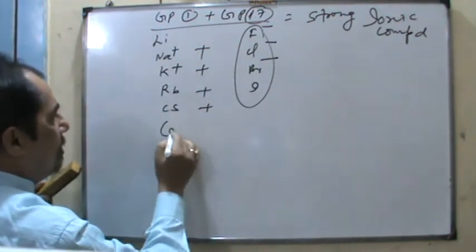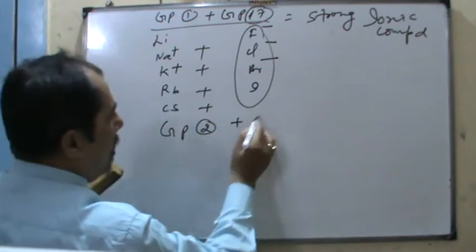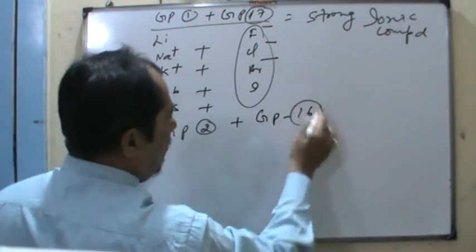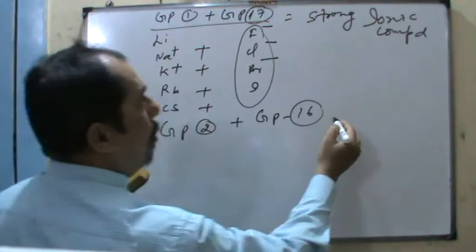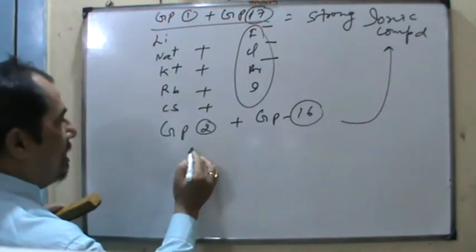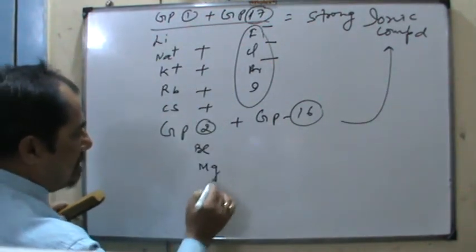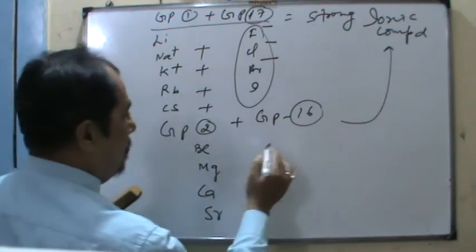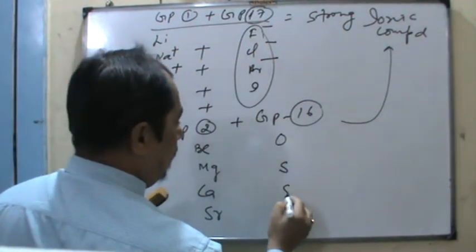On the other hand, take group 2 and group 16. Again, they have a very good association to form ionic compounds, like beryllium, magnesium, calcium, strontium with oxygen, sulfur, selenium.